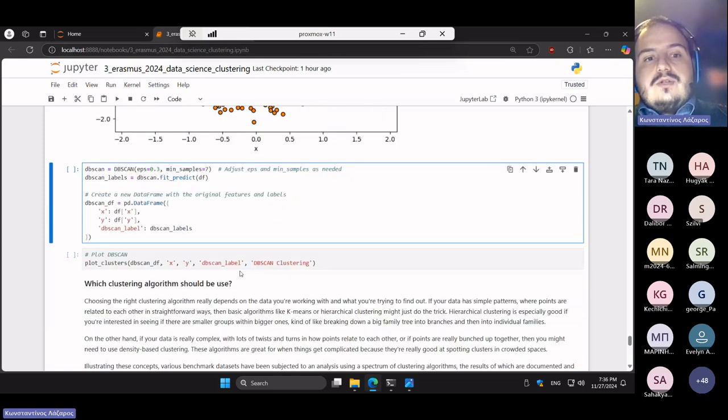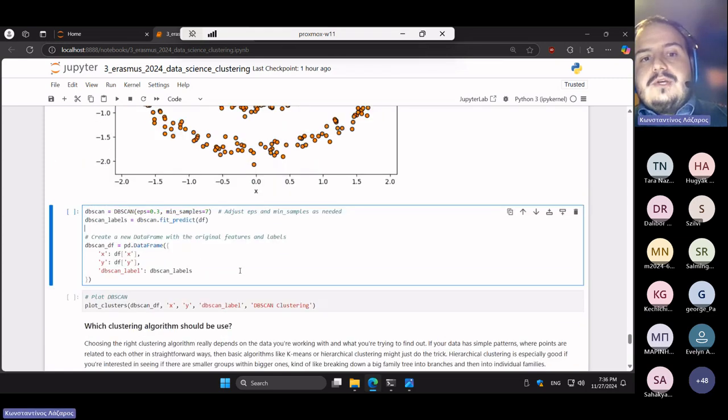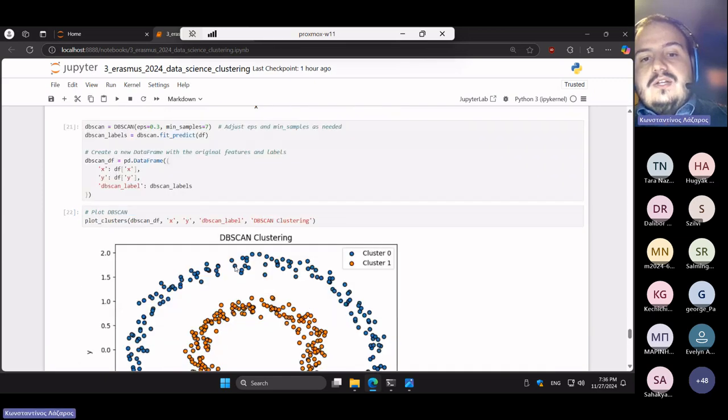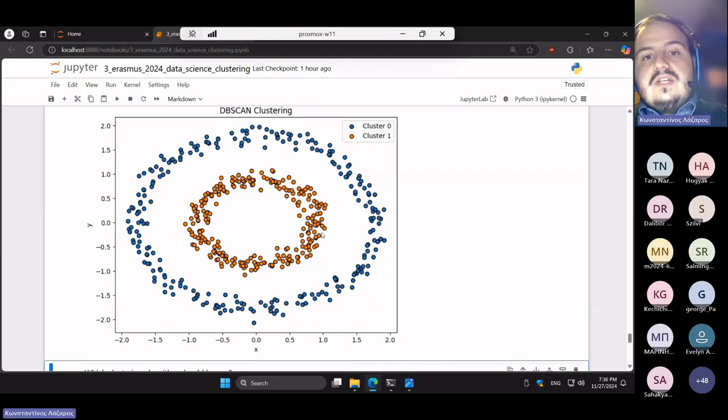So what would actually happen if we use DBSCAN, right? If we go ahead and use DBSCAN, you can see that DBSCAN actually did exactly what we wanted it to do. It managed to create two distinct clusters, and it also managed to understand that this external ring is its own cluster compared to cluster one, which is this internal ring right there.